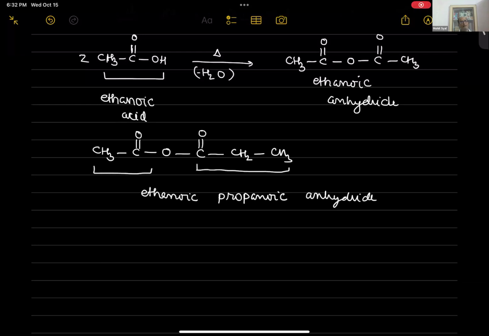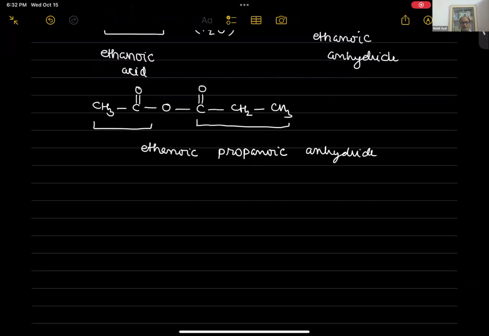Now we have esters. Esters are very important and very confusing also. How esters are prepared, first of all, because naming can help us if we look into their formation. How are esters made?